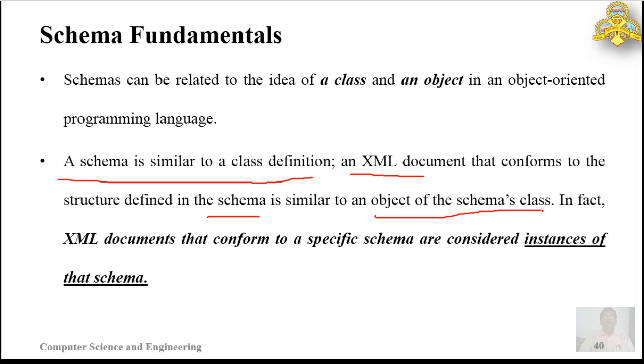Likewise here we are creating a schema, that is XML schema, and that XML schema is considered as a class, and the XML document where the actual data is entered is considered as an instance of the schema.